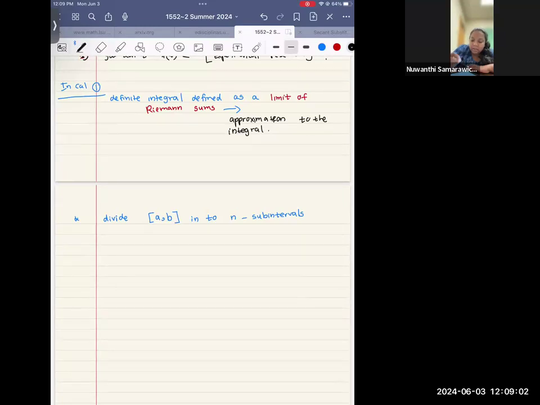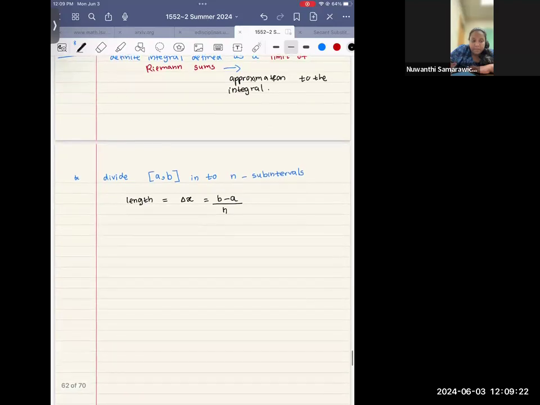This is called the subinterval length, and we denote it as delta x, which is equal to the difference of the closed interval, that is b minus a, divided by n, where n is the number of subintervals.